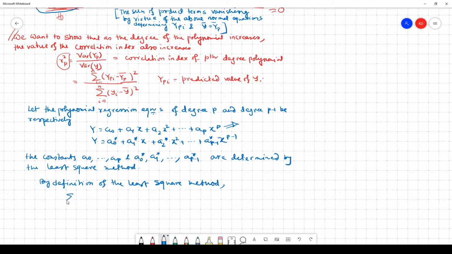That means this is the observed value and this is the predicted value, capital Y in suffix p. One thing I forgot to mention: capital Y in suffix p and capital Y in suffix p minus 1. Yp means I use a pth degree polynomial, and Yp minus 1 means I use a p minus 1 degree polynomial.